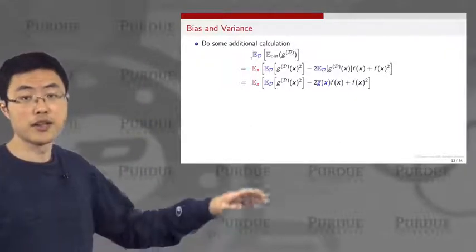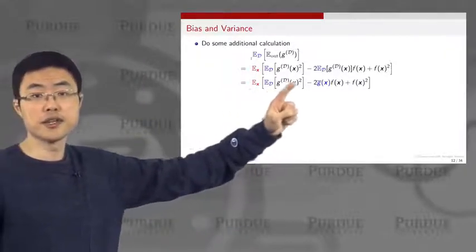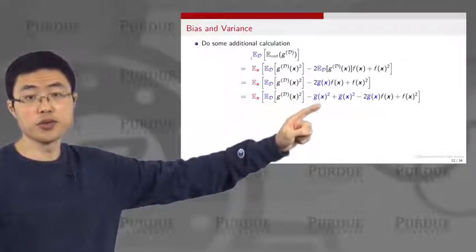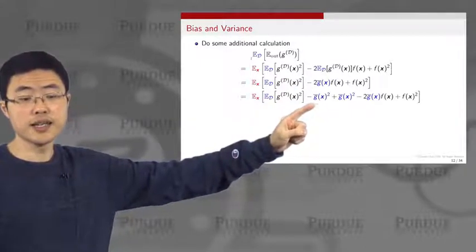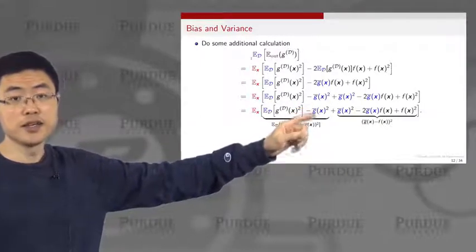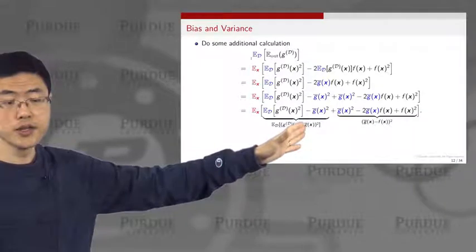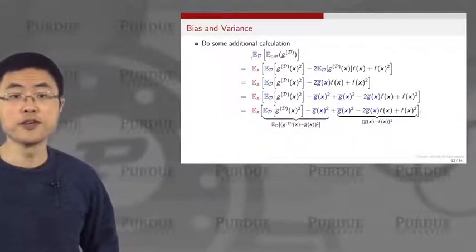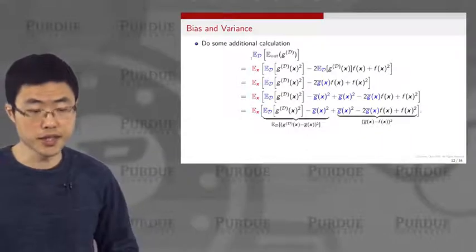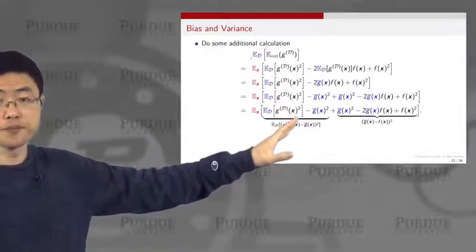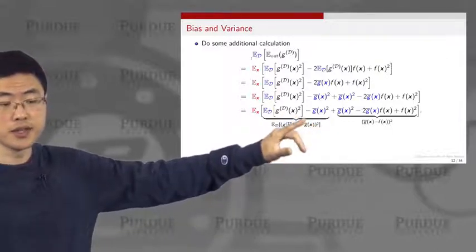Okay, and so now I can replace the second term here by g bar, and then I can also do a very simple trick by adding and subtracting a g bar square. And that will define two terms. The first term is the expectation over all the possible data sets of g of D minus g bar, squared.